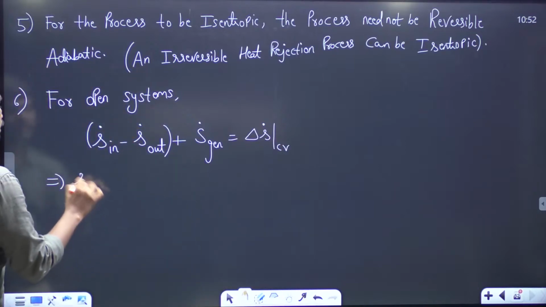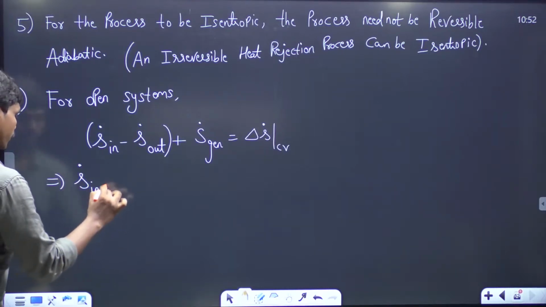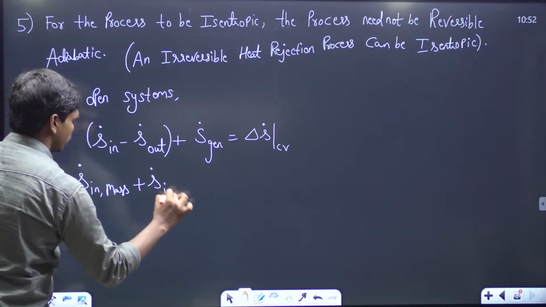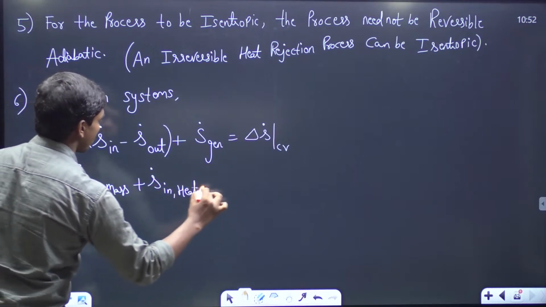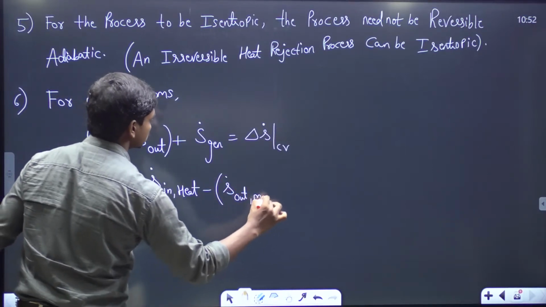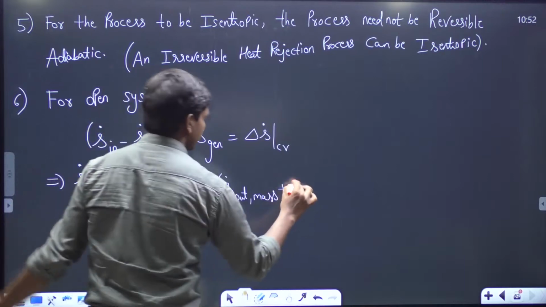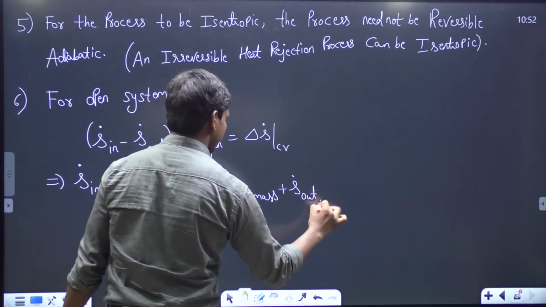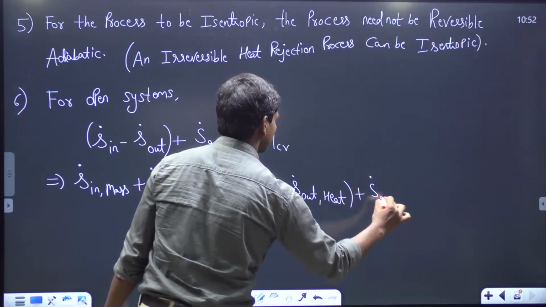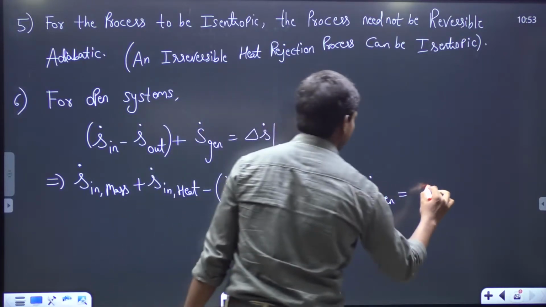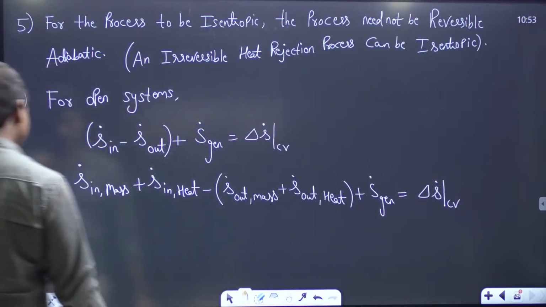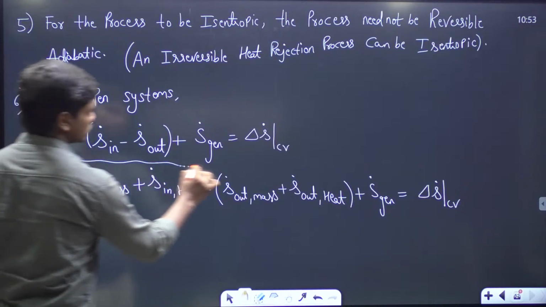So we can write S dot in due to mass plus S dot in due to heat minus S dot out due to mass plus S dot out due to heat plus S dot generation is always equal to delta S dot of the control volume, and you can apply this equation for any of the control volumes.